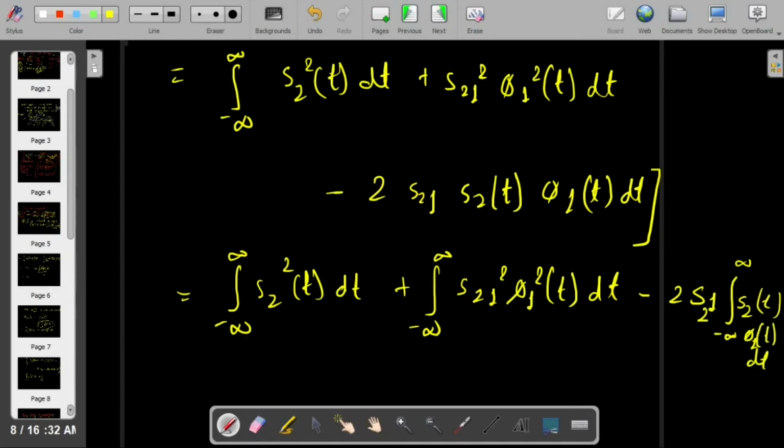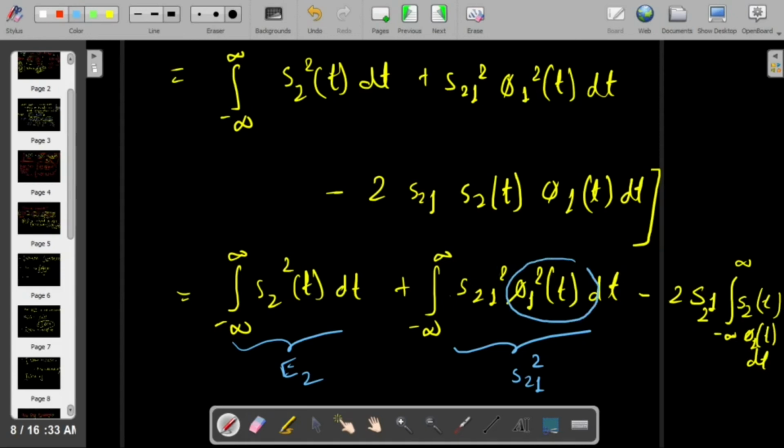This is nothing but the energy of our S2 signal. Let's denote it by E2. This is nothing but S21 square, and because this will be 1, right?